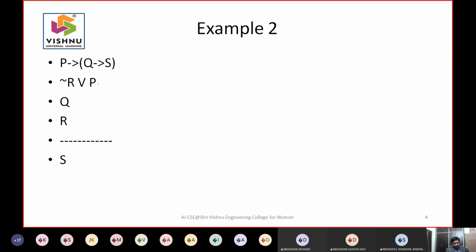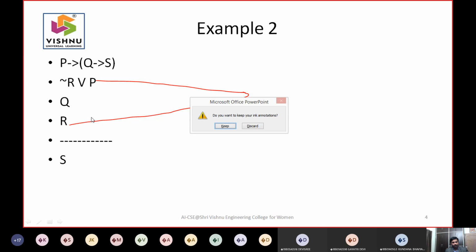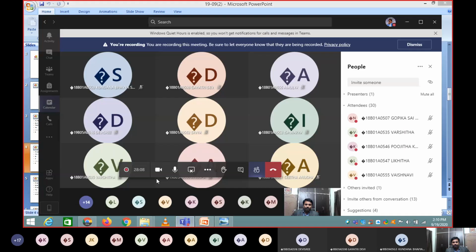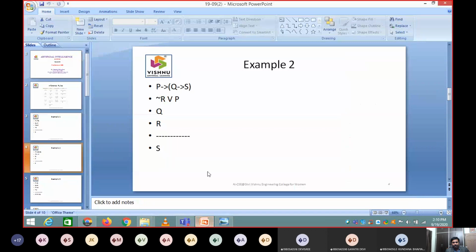If you remember the class, if I combine these two, because R is common here, can somebody unmute yourself and tell me what exactly the outcome is here?